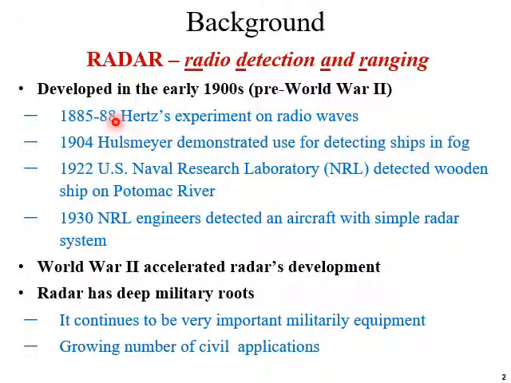During the years of nearly 1885 to 88, Hertz first demonstrated that we can transmit electromagnetic waves from one place to another place. Later on, a number of scientists developed transmitter and receiving systems.